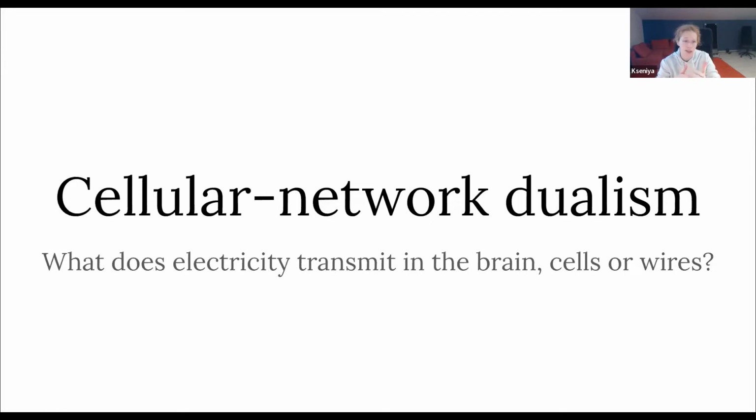Nevertheless, there was a cellular network dualism. So it was unclear. It was clear that there are cells in the brain, and it was clear that some nerves transmit electricity, but no one really understood if these things are connected.